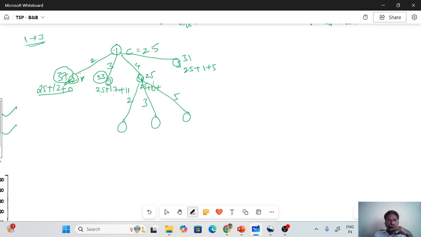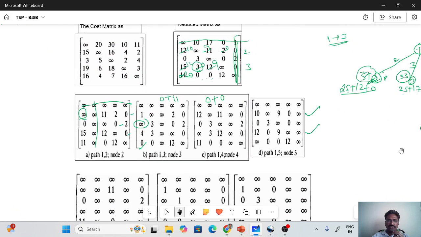So which cost matrix am I going to consider? For the fourth node, after the cost reduction of the 1 to 4 node. What is the matrix after cost reduction of the 1 to 4 node? This one. So now I am going to consider this matrix.